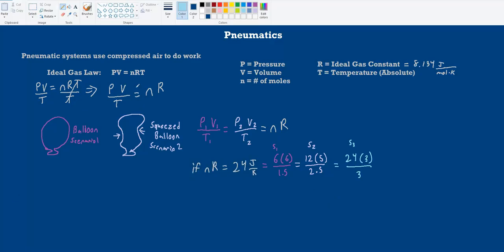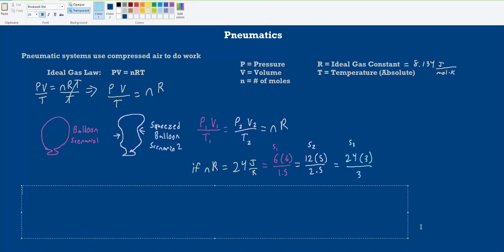So what is it that I want you to take away from this video? Well, basically all I want you to take away is 3 main things. The first is the ideal gas constant, R, does not change. The second thing is if the amount of gas in the system doesn't change, then n times R is also constant.